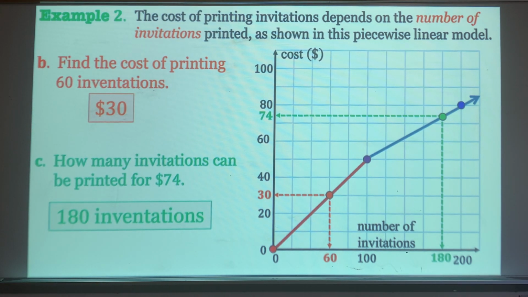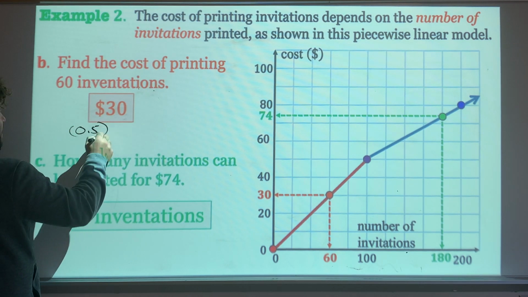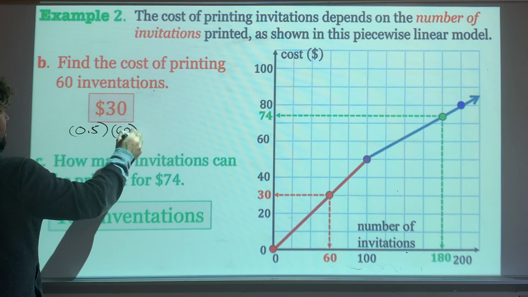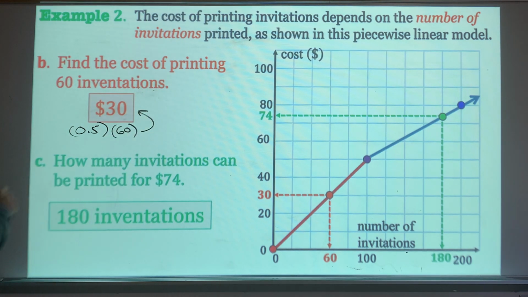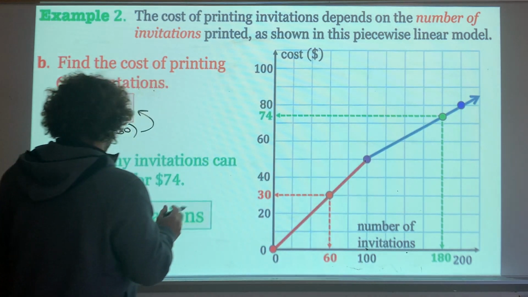All right. Another way to solve this is to use your gradient, which is 0.5, 50 cents per invitation, times 60, that also equals 30. Another way to do this one, if you want, is I know that the first 100 invitations here cost $50 to print, right?